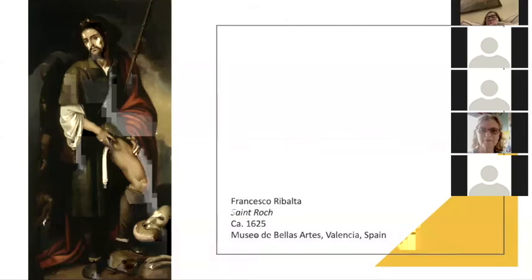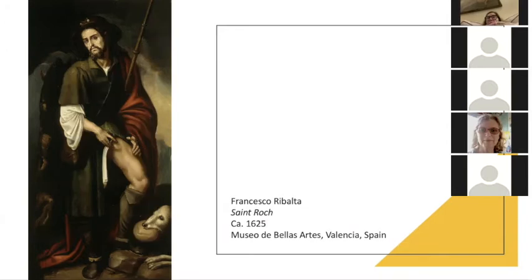The other saint who really becomes kind of the hero of the plague, and we see this cross-culturally, is Saint Roch. This is a Spanish representation by Francisco Ribalta, done during the Baroque in 1625.